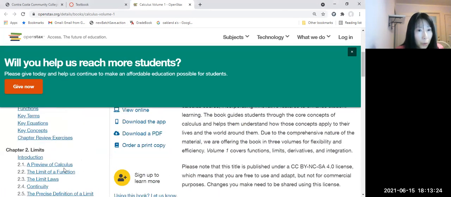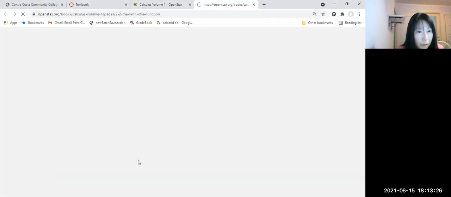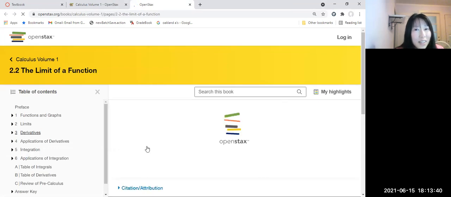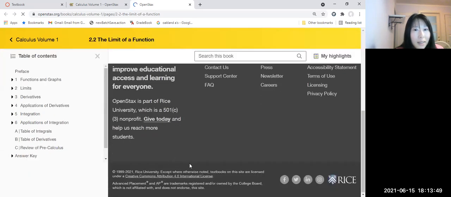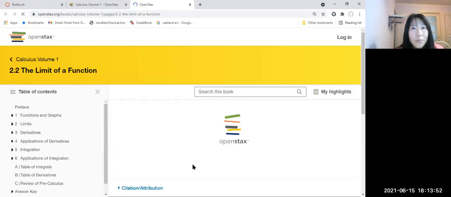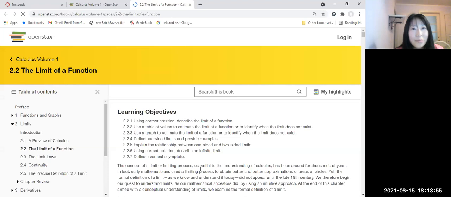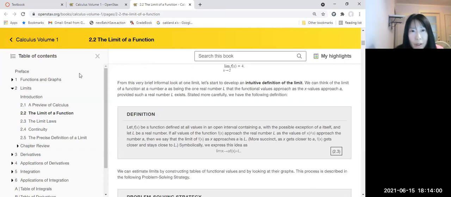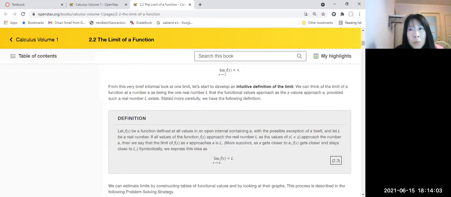This is 2.2. Okay, so can you see this one? It's too tiny. Let me make it a little bit bigger.